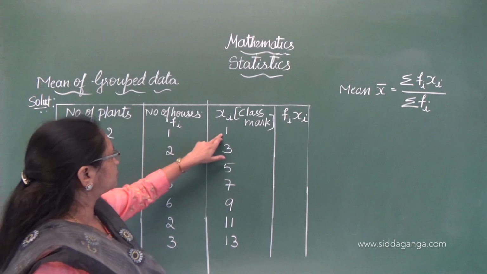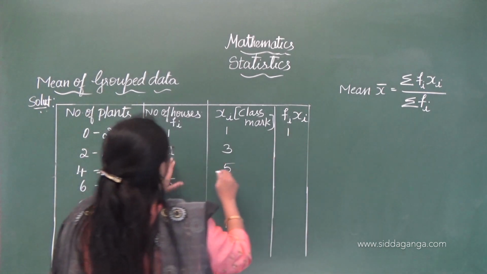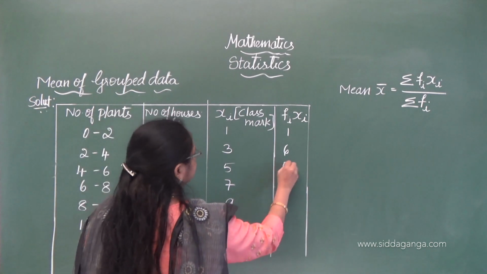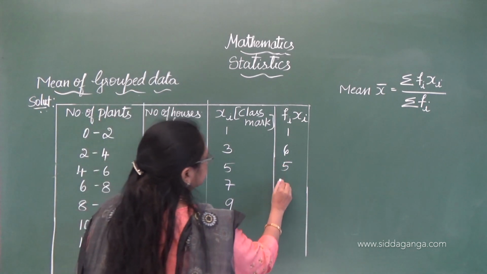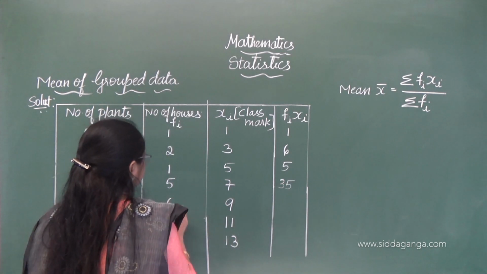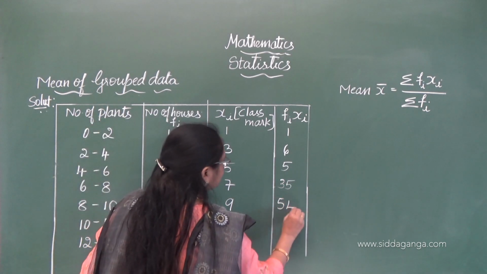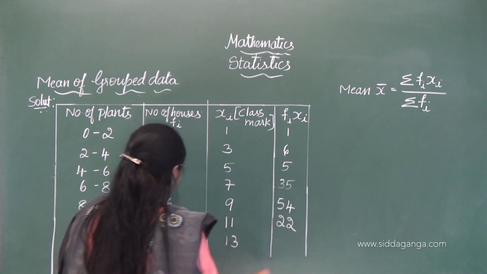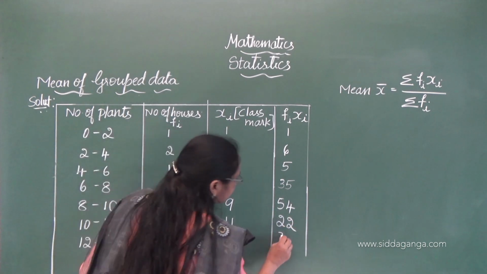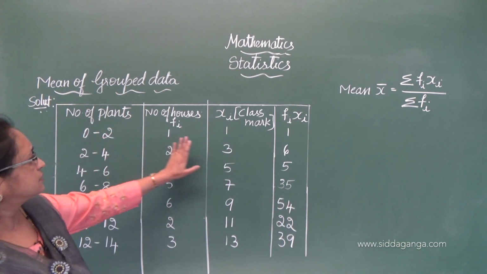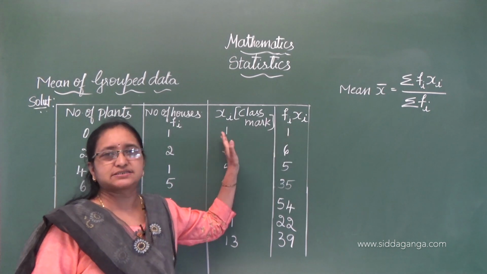Let us find out. 1 into 1, 1. 3 twos are 6. 5 ones are 5. 7 fives are 35. 9 sixes are 54. 11 twos are 22. 13 threes are 39. So these are the extra columns which we have to put.